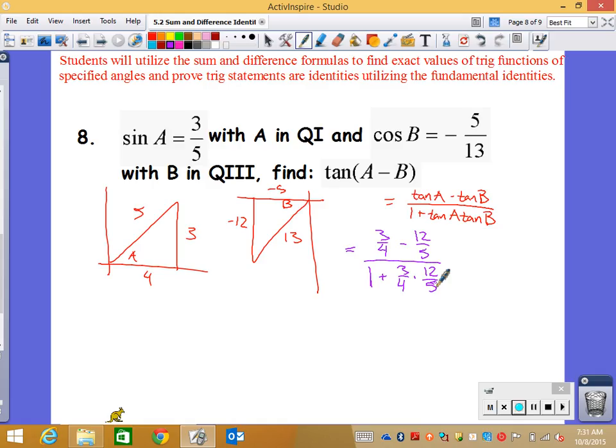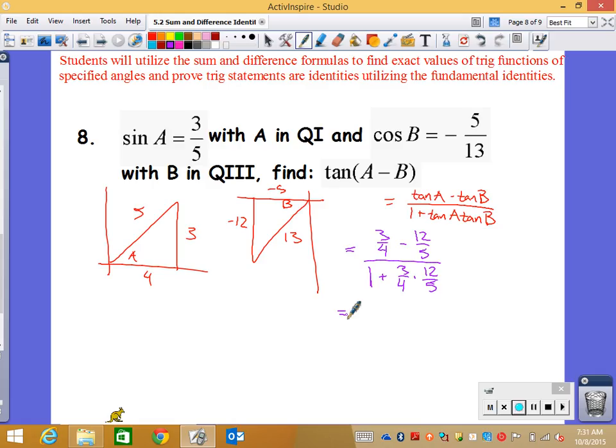Okay, so I want to simplify the numerator and the denominator into two fractions, so there's going to be a fraction in both numerator and denominator, and then I'm going to flip them, reciprocate the bottom one so that I can multiply them. So I'm going to make a common denominator of 20 in my numerator and in the denominator as well, so I can combine them.